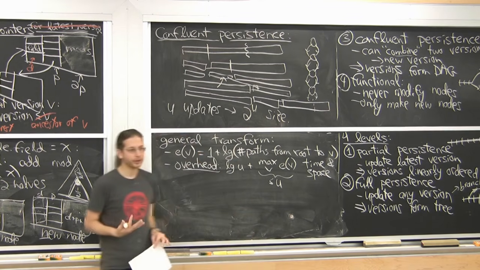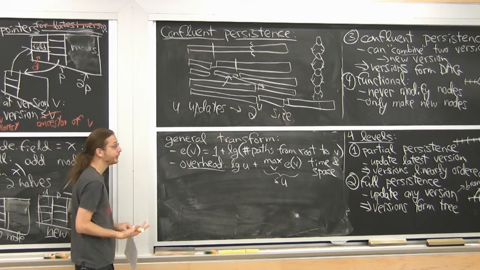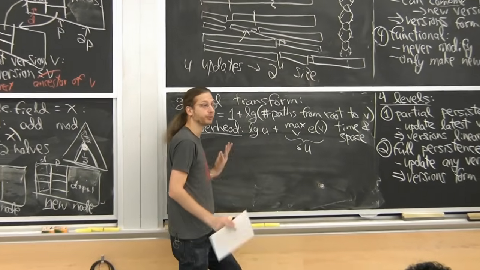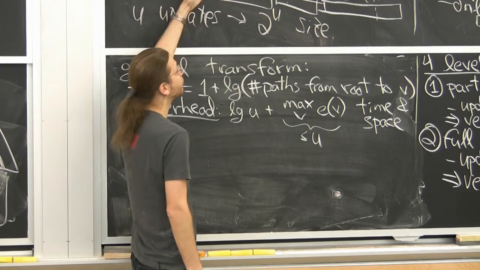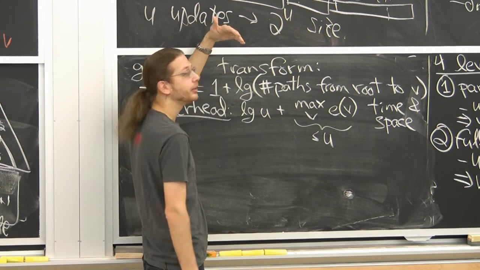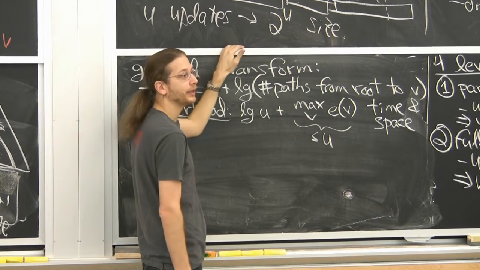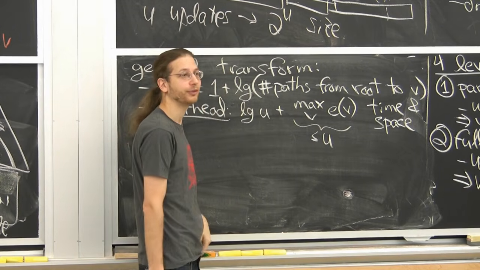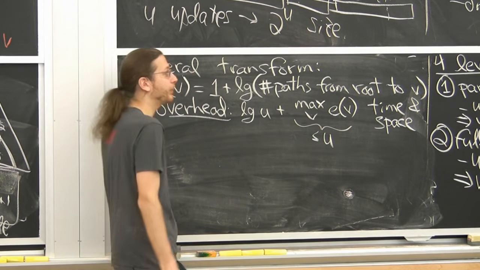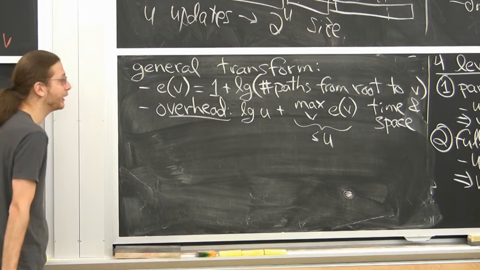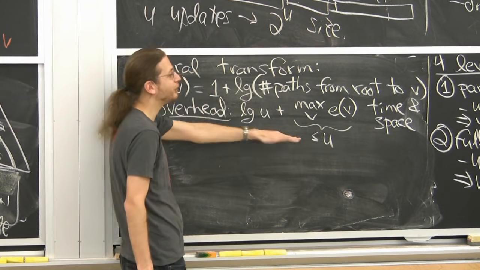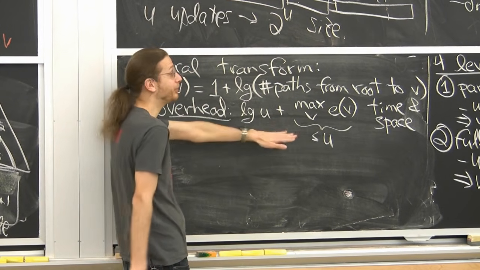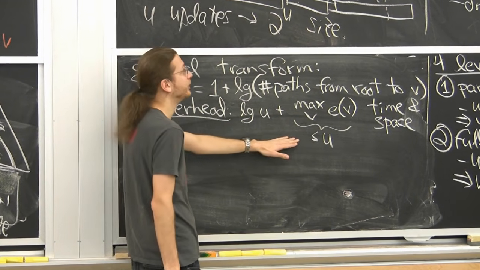Now, Fiat and Kaplan argue linear slowdown is not that bad, because if you weren't even persistent, if you did this in the naive way of just recopying the data, you were actually spending exponential time to build the final data structure. It has exponential size. Just to represent it explicitly requires exponential time. So losing a linear factor to do U operations is now U squared time instead of 2 to the U. So it's a big improvement to do this.